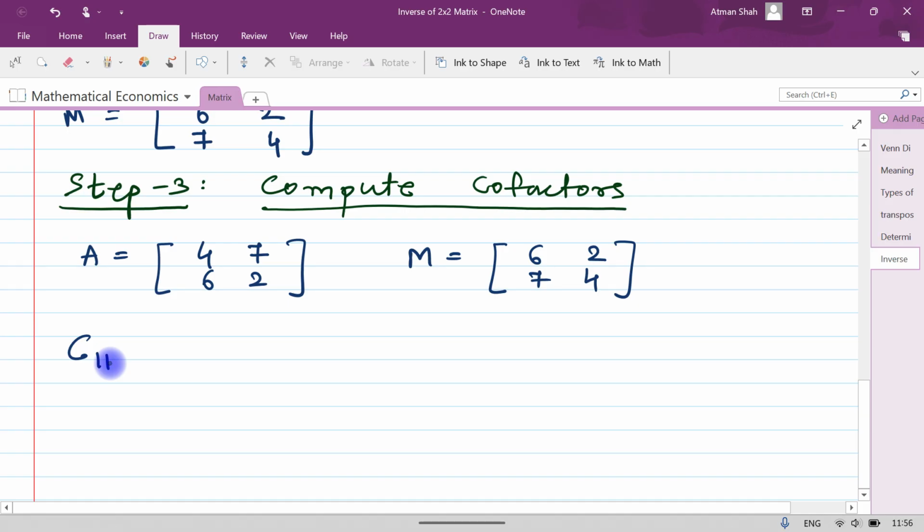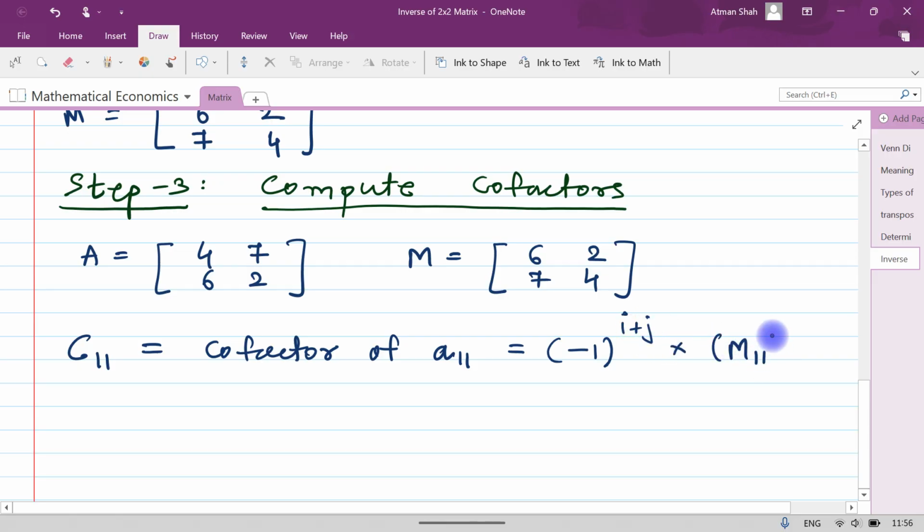C11, that is the cofactor of A11, is equal to minus 1 raised to i plus j into M11.